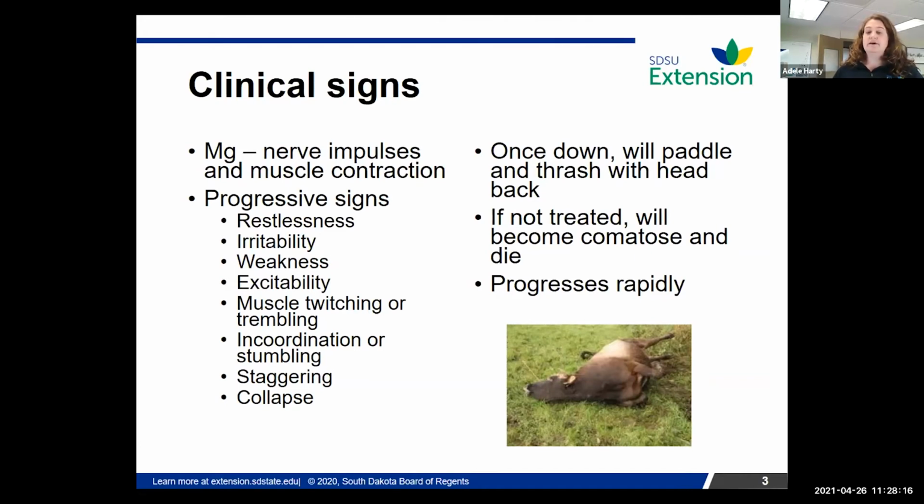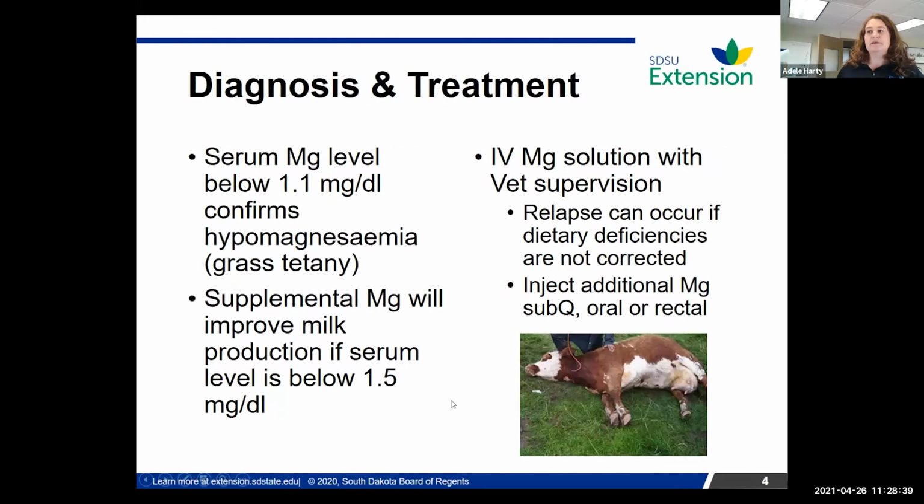And so they'll go through this whole series of signs and symptoms in a 4 to 8 hour period. And many times we may find those animals dead in the pasture without seeing any other symptoms. And so being able to monitor those animals and take action quickly is important.